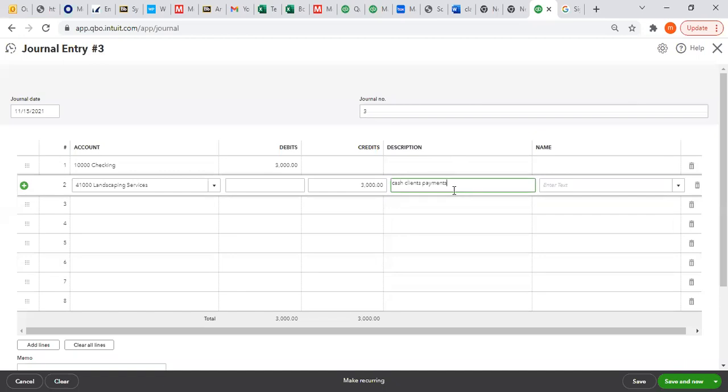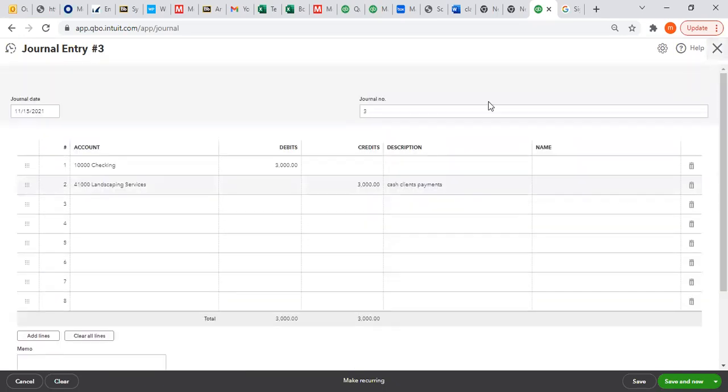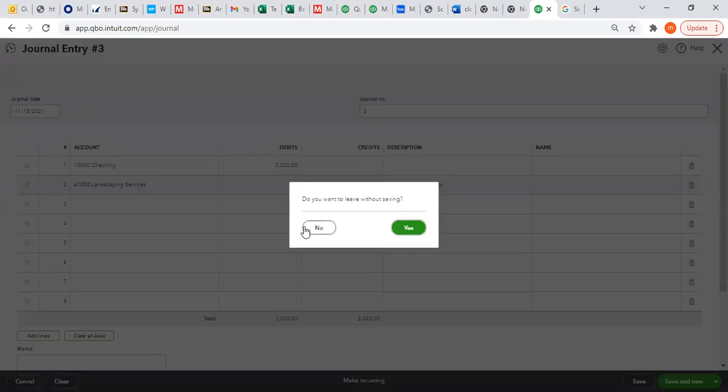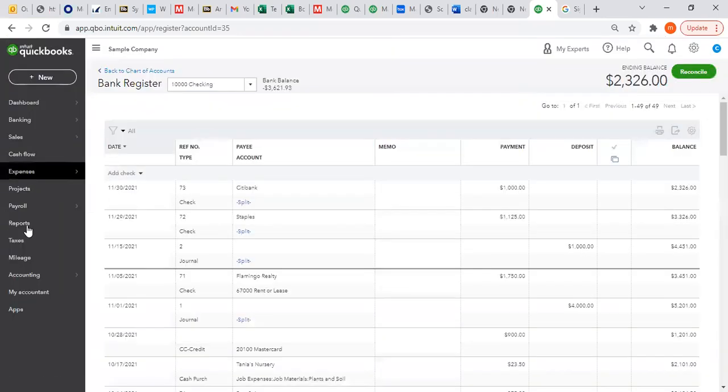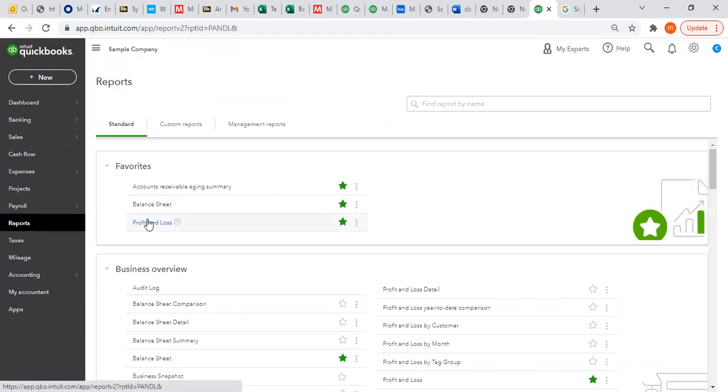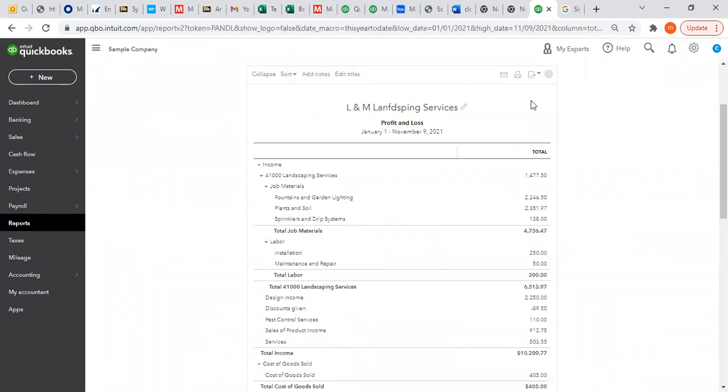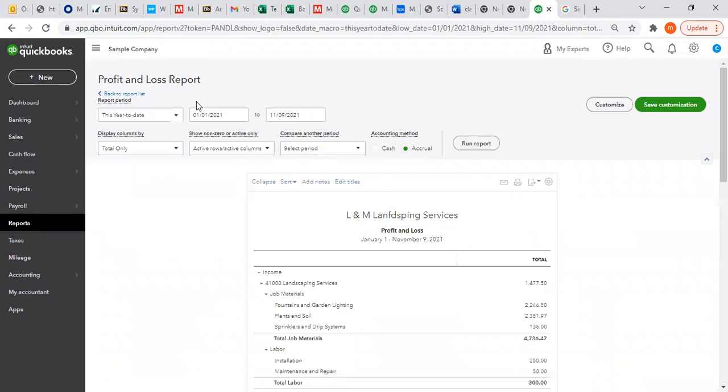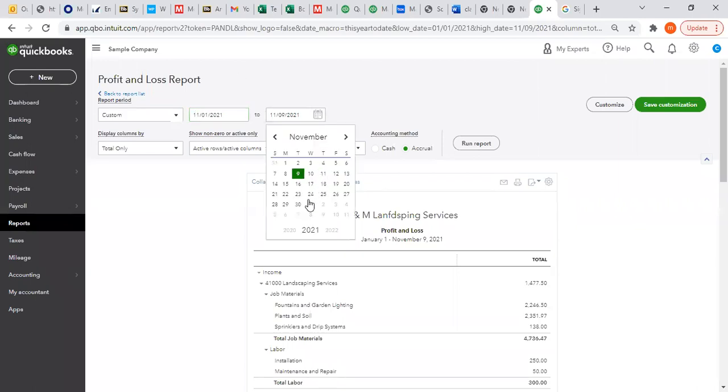Now, before I'm doing that, if I would create right now a report called profit and loss, you'll see that it doesn't look so great. I'm not saving it just to show you. If I go to reports called profit and loss, and I'll ask for November 1st until November 30th.